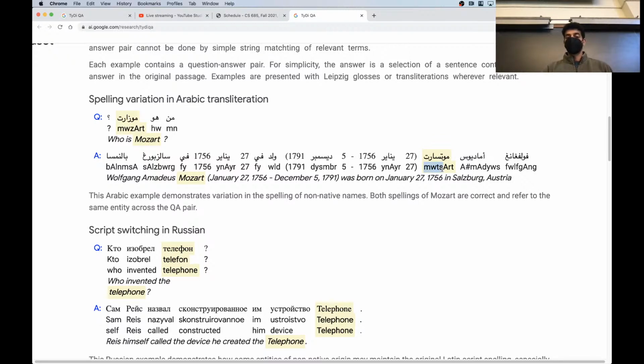So you really would need a lot of occurrences of both of these spellings in order to properly learn that they're referring to the same thing. And with byte or character level tokenization, you will still need to see these examples, but probably to a lesser degree.